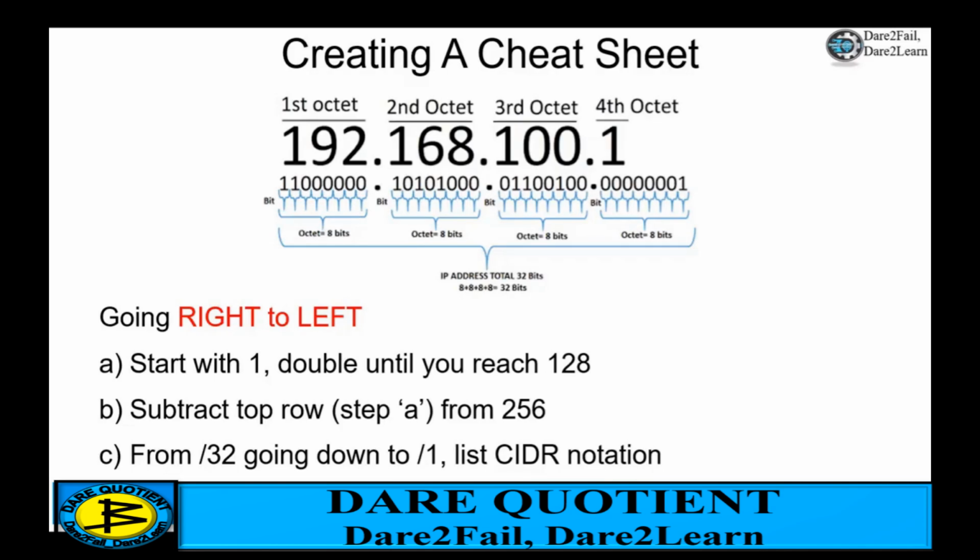We'll begin with a slash 32 and we'll go left, all the way to the column of 128. Below 2, we have a slash 31, a slash 30, a slash 29, 28, 27, 26, and below 128, you should have a slash 25.